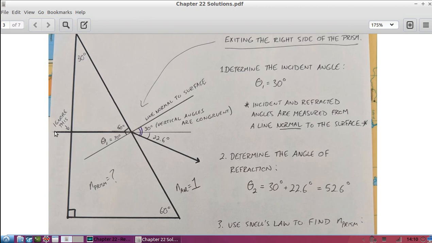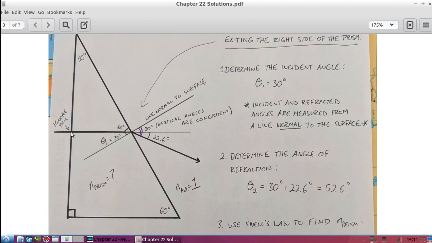So what's happening is it's perpendicular to this surface. That means it's parallel to this surface down here. So this line is parallel to the base of this triangle the whole time as it passes through. Then it strikes, and then it refracts at an angle of 22.6 degrees from the original incident beam, right?